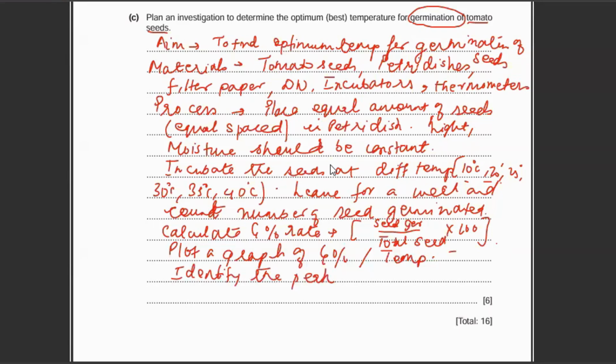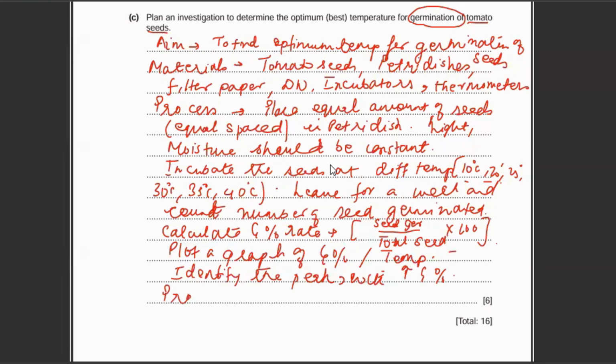From the peak, you will get the temperature at which the maximum germination takes place. So what do we conclude? The conclusion is you will get the highest peak, and that is your optimum temperature. So whichever shows the highest germination percentage, that corresponding temperature is the optimum temperature.